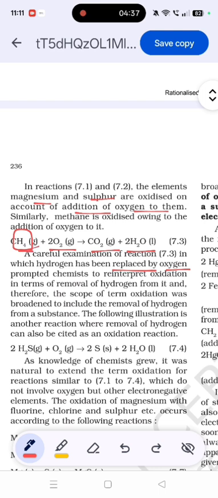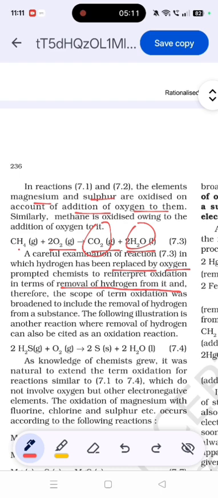Initially in CH4, hydrogen was there, but this hydrogen is replaced and it becomes CO2 and H2O. So we can define oxidation in terms of removal of hydrogen. Addition of oxygen to a substance is oxidation. Removal of hydrogen from a substance is also oxidation. Clear?